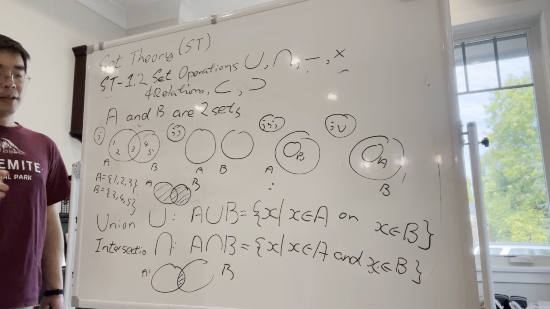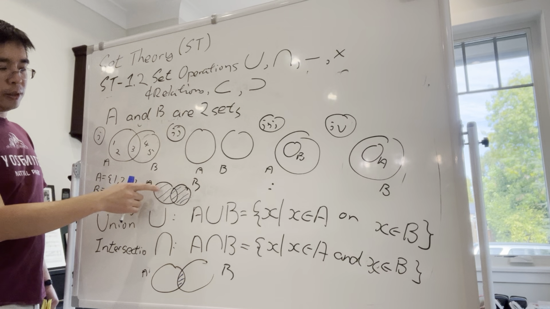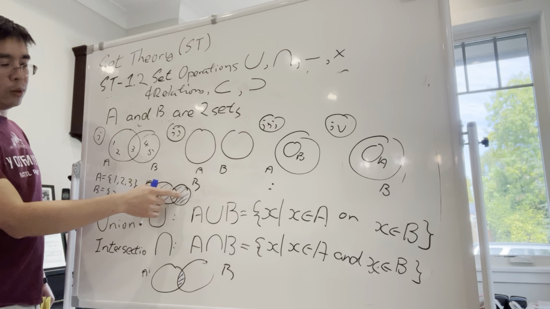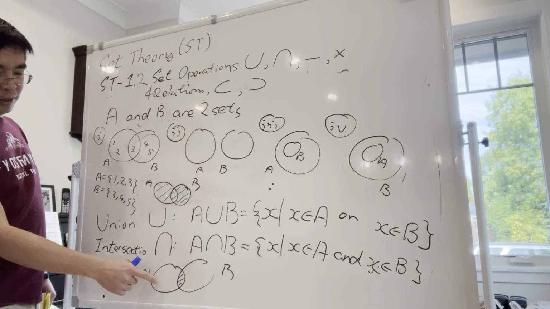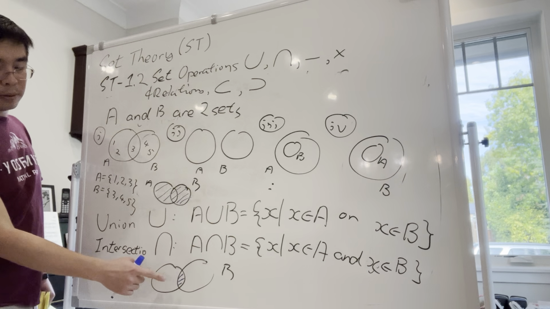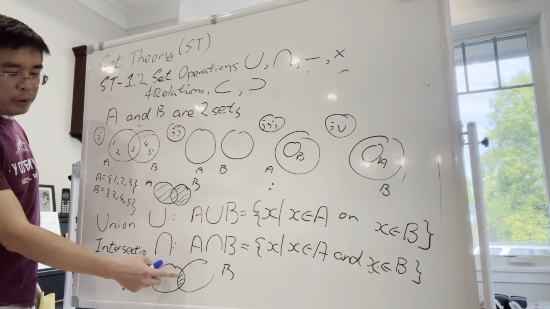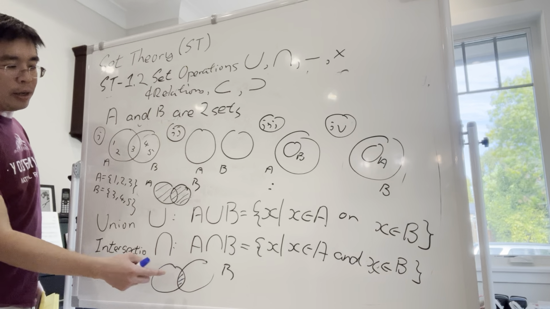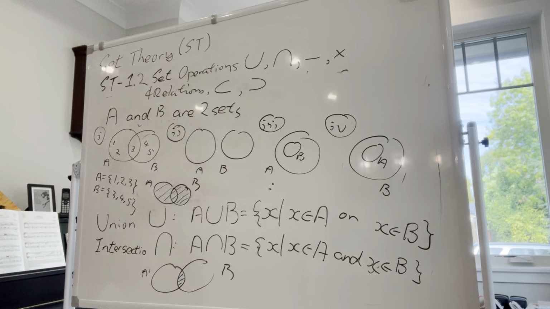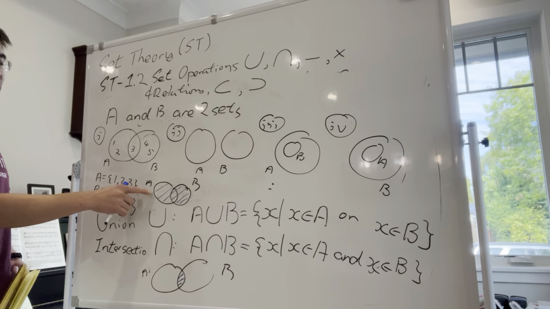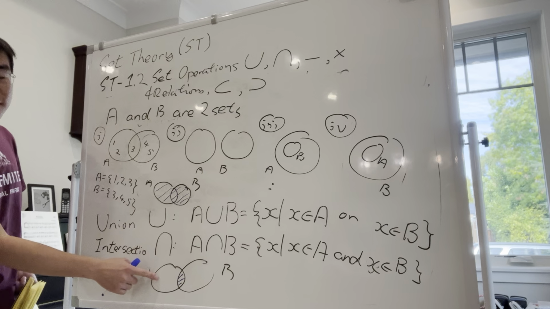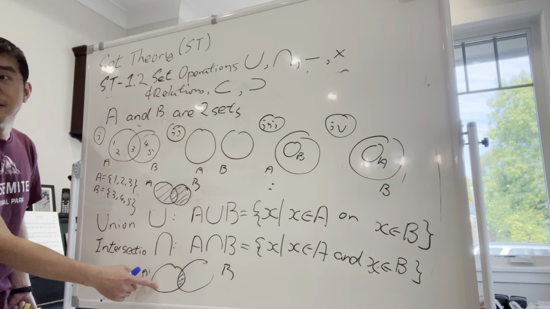Again, intuitively, it means it's okay to be either in A or B or both. For intersection, as the word intersection suggests, it has to be in both A and B. But one thing that everyone should always remember is A and B do not necessarily look like this.